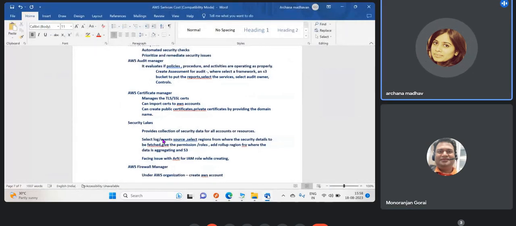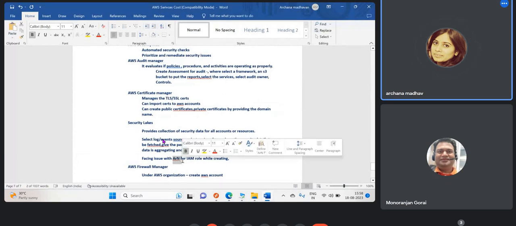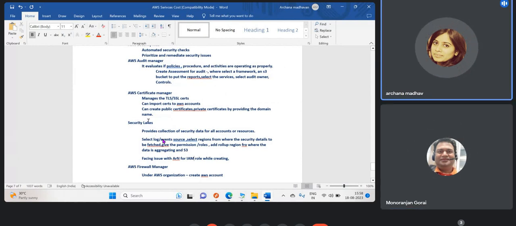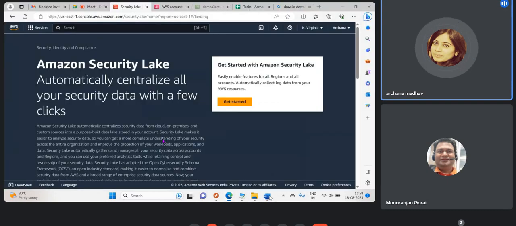I have tried to create this, but there was some issue. It's not able to configure because of some ARN. It's asking for some ARN thing, and I couldn't give it. Did you understand the concept? Yeah, see here, Security Lake means we can create this to get all the logs, all the reports.